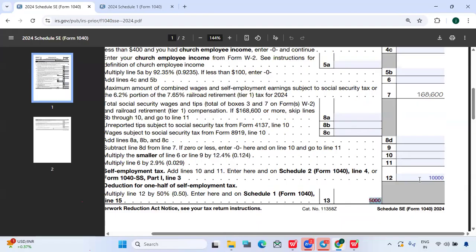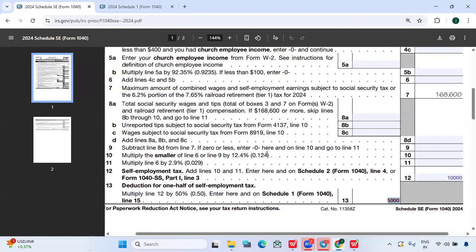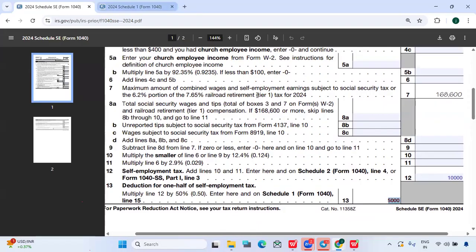This $5,000 we can claim as adjustments to income. That means you can reduce 50% from your total income, because think about it from a business point of view. The $10,000 is your expenses, right? So in the case of expenses, we can claim it in the expenses list.